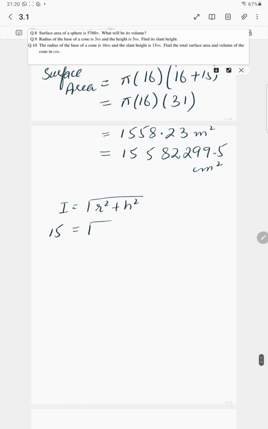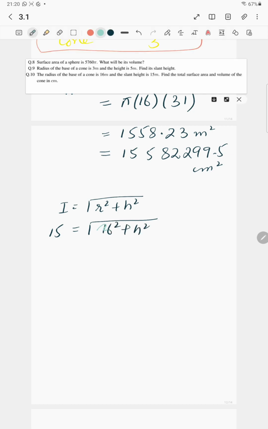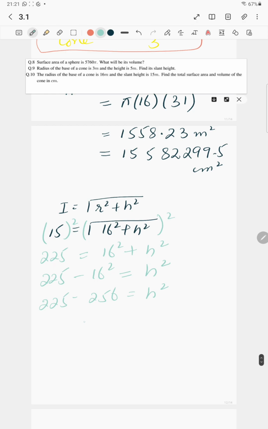So it's 15 equals square root of 16 square plus h square. Squaring both sides, we get 225 is equal to 16 square plus h square, which is 225 minus 16 square is equal to h square, which is equal to 31 is equal to h square, and taking square root on both sides, h would be equal to square root of 31, which is 5.567.